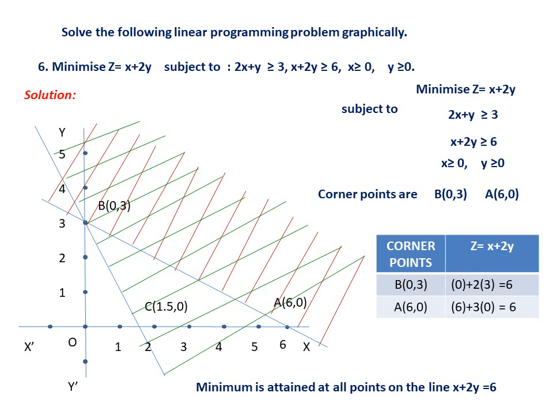You can check it here. Even so, it has many solutions, therefore you can take the entire line. Of course the condition is x should be more than or equal to 0, y should be more than or equal to 0, and any other point on the line is obtained. This is very important. Then this is an unbounded region because it is not bounded. So this is an example.